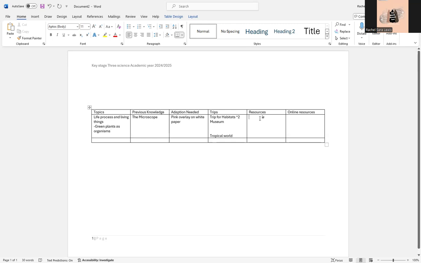The resources that I'll be using, I have a stack of resources, so I will plug those in later. So we are using Grinstar's New Star Science. We are also using Collins Science Key Stage 3 and 4 workbooks.